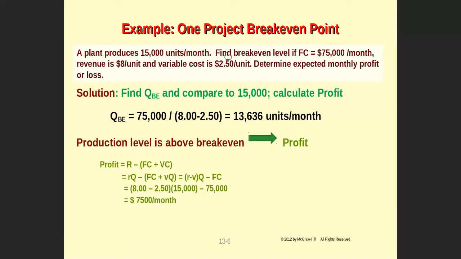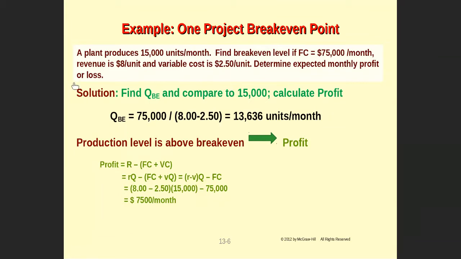Find the break-even level if the fixed cost is 75,000 per month, the revenue is $8 per unit, and the variable cost is 2.5 per unit. Find the expected monthly profit or loss.